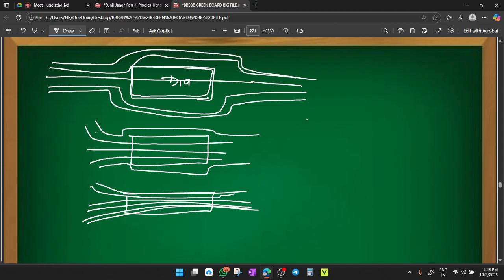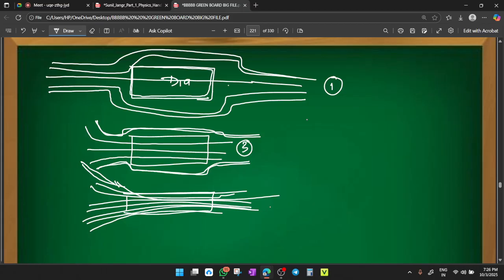Here few lines are passed, but some lines may not pass through the material. Here only one is passed, here three which are at the center line are passed. But here this material collects all the lines, even the line coming from here. This material says, hello sir, please penetrate me.